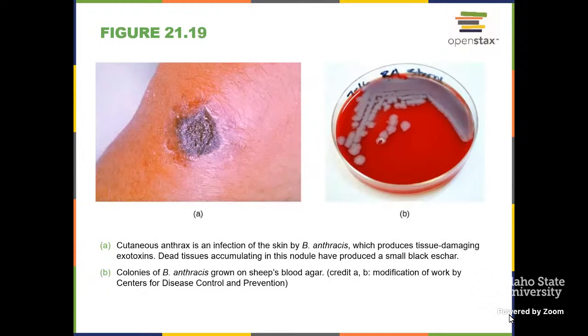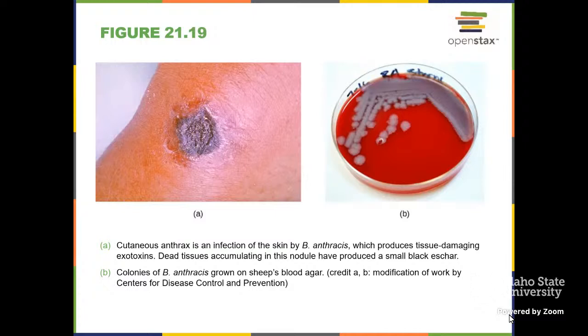Anthrax, another one that we will see in a couple of chapters. Cutaneous anthrax is not something that's super common, but it was, and still is potentially, when we think about different occupations.